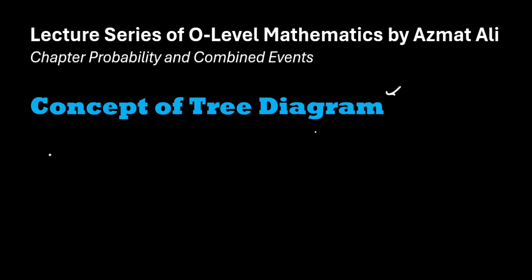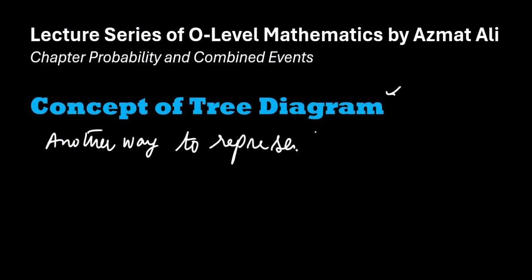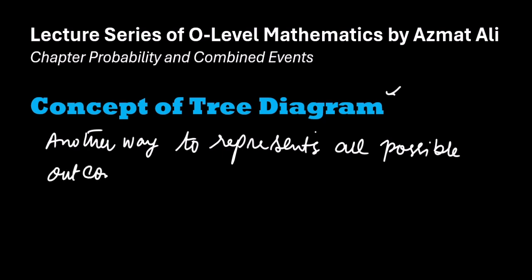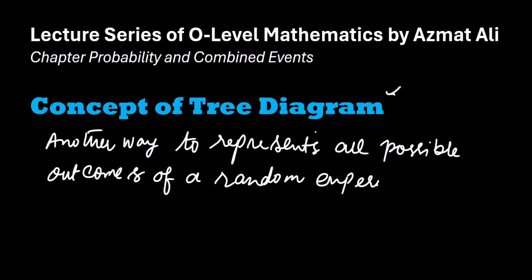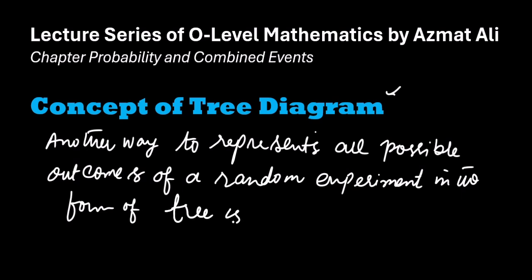So actually, tree diagram is another way to represent all possible outcomes of a random experiment in the form of a tree, and it is called a tree diagram.